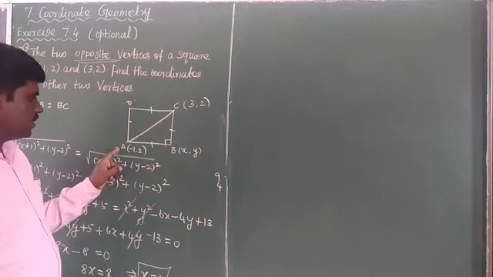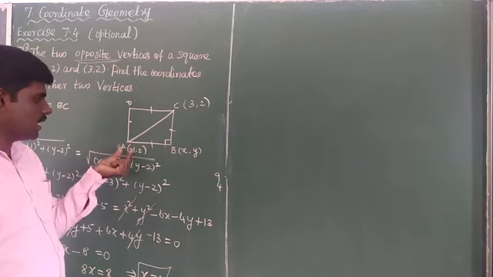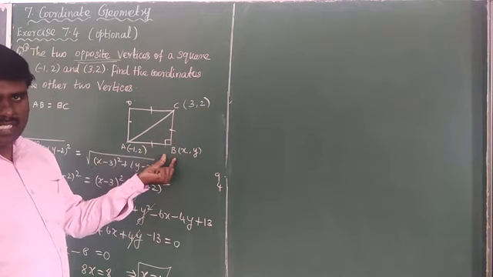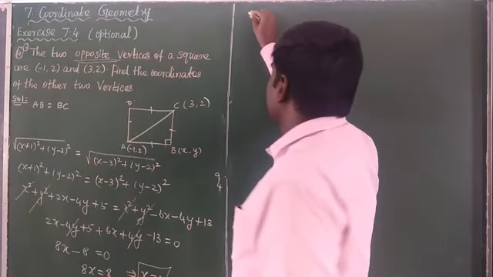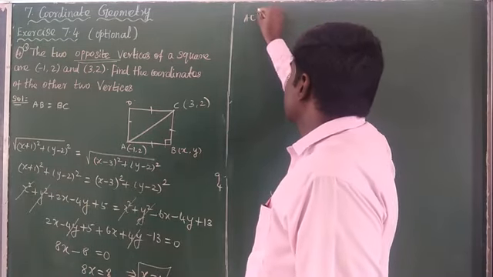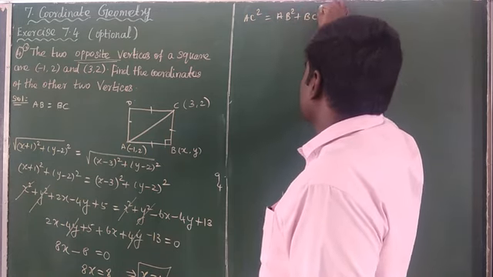In the same way, I will use the diagonal line and the Pythagoras theorem. Angle at point B is 90 degrees, so in triangle ABC, with B as 90 degrees, AC square is equal to AB square plus BC square.